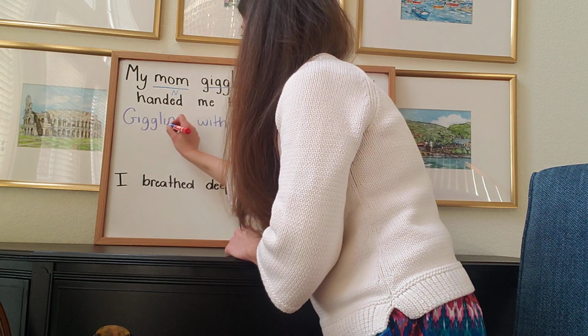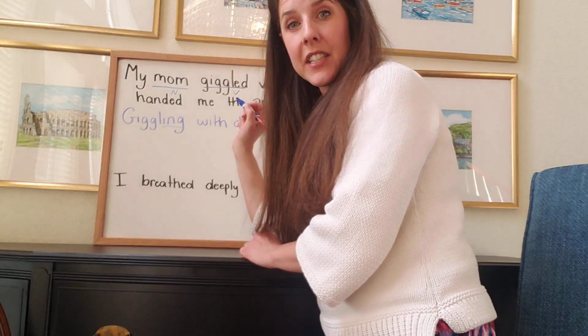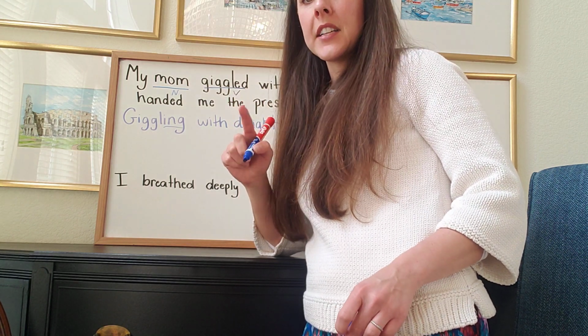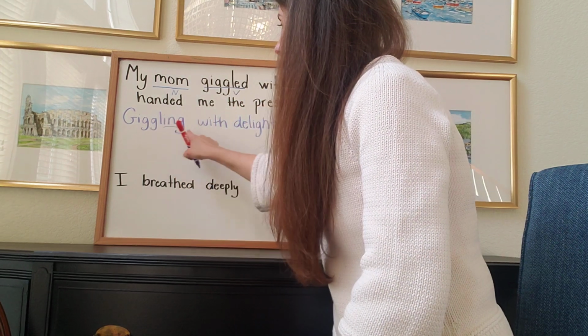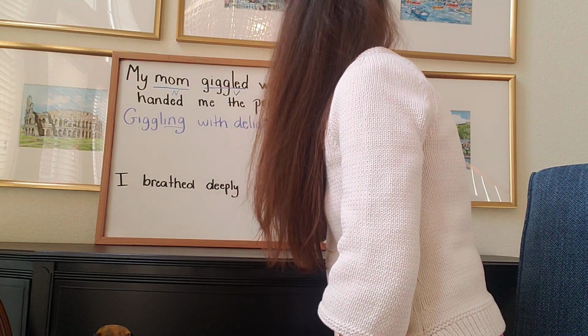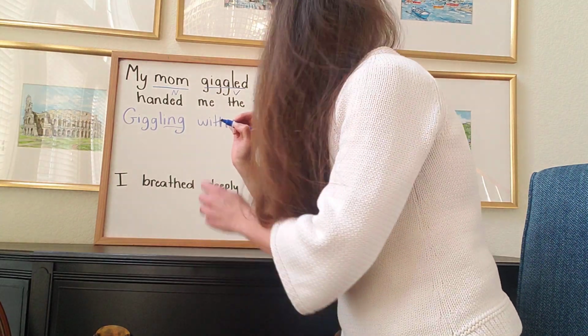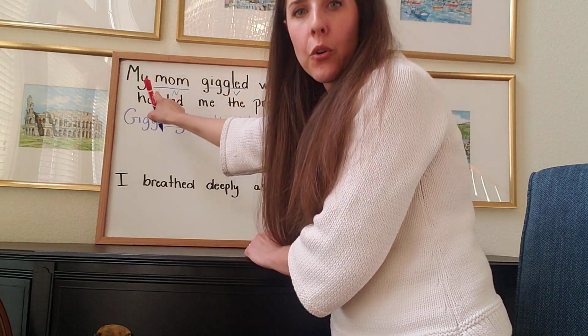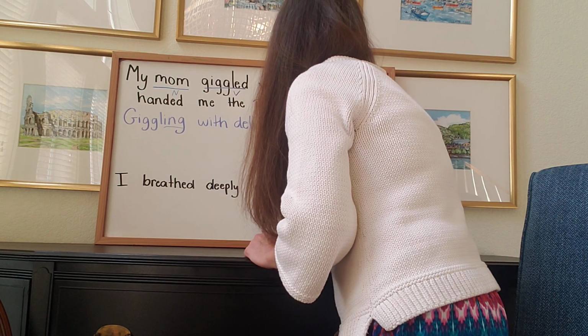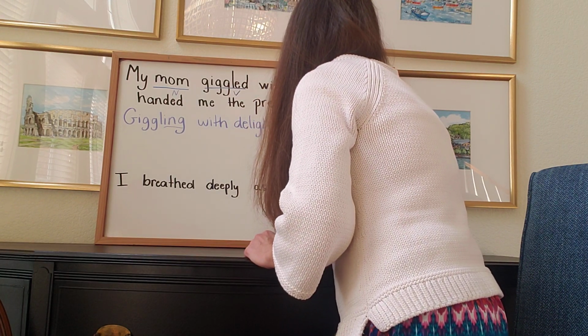Notice that my verb has an ing. Whenever we start our sentences with a verb, we need an ing verb. This is going to be an introductory phrase, so we're going to put a comma after giggling with delight. Now we're going to go on to our noun, and we know that our noun is my mom. So I'm going to write my mom.